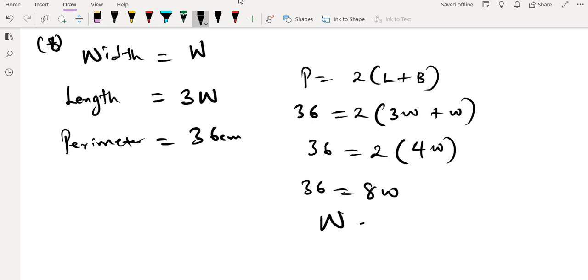Divide by 8. 36 over 8 equals 4.5. 9 over 2, which is what?